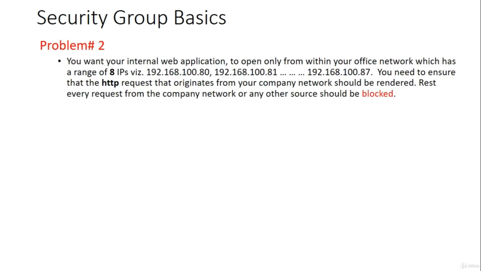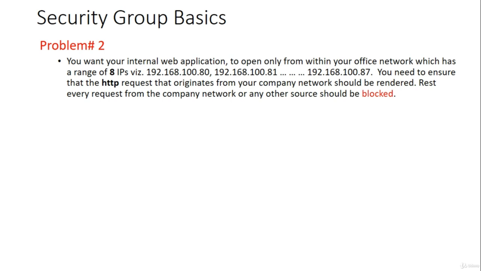Now let us go for the second problem. You want your internal web application to open only from within your office network, which has a range of 8 IPs starting from .80 to .87. You need to ensure that the HTTP request that originates from your company network should be rendered. Every other request from the company network or any other source should be blocked.